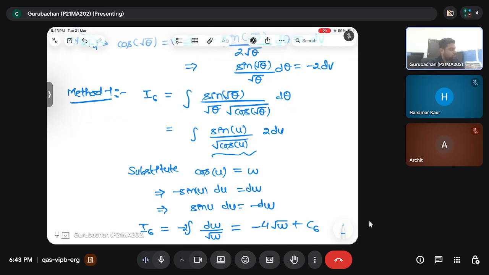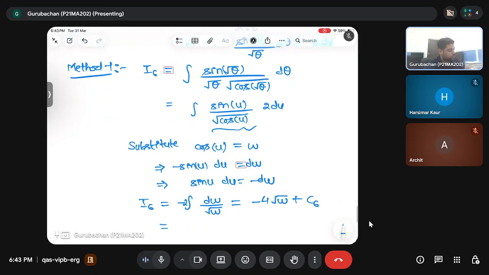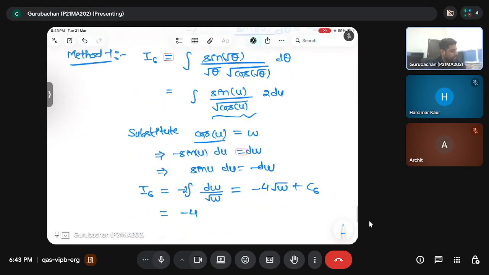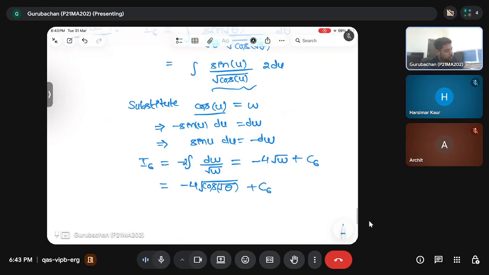As the original integration was in terms of theta, this should be in terms of theta. What is the value of w? That is cos u, and what is the value of u? That is under root theta. So ultimately this will be 4 times cos under root theta plus c6. This is your method number 1.